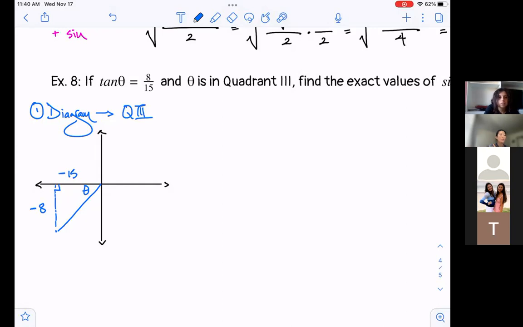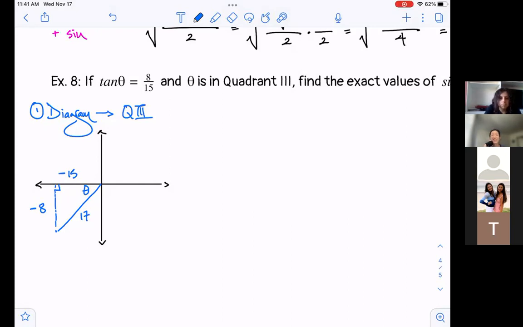If you don't know, you could look up Pythagorean triples. 17. What's that? 17. It is 17, you got it. All right, so 8, 15, 17.